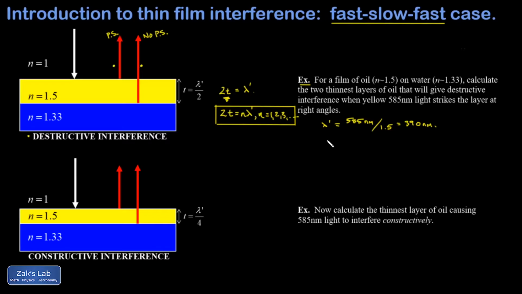Again, destructive interference is going to happen when the extra travel distance, that's twice the thickness of the layer, is equal to an integer number of wavelengths within that layer. So our thinnest layer of oil happens with the n equals 1 case. So I could say 2 times T1 is equal to lambda prime.